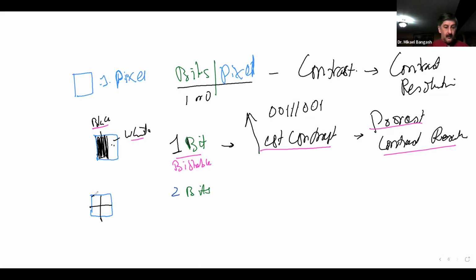One is still going to be black, one may still be white, but we may also have a dark gray and, for instance, a light gray. Did that make sense?